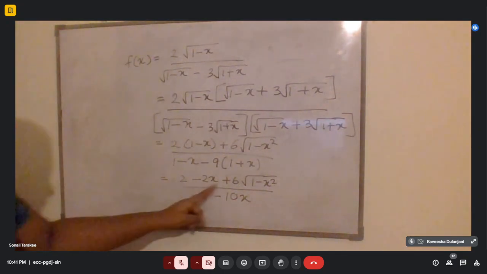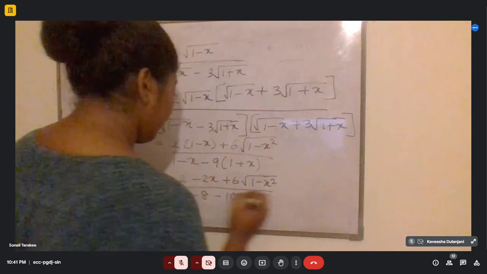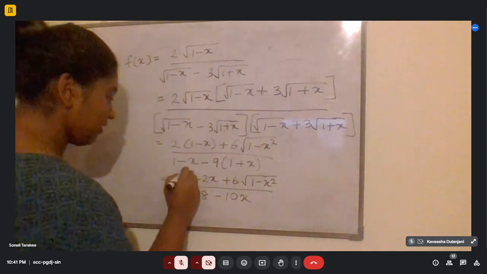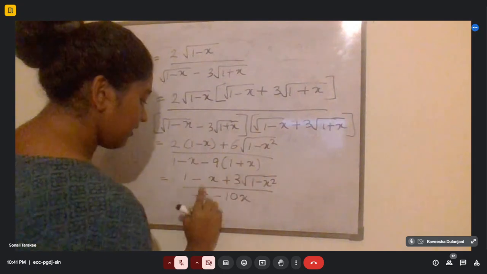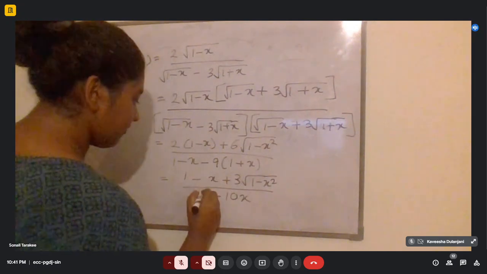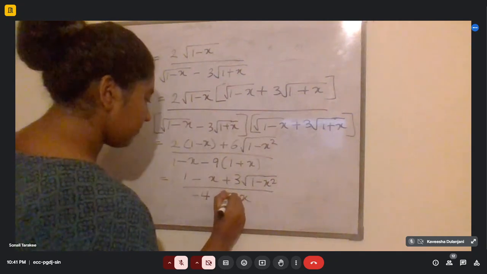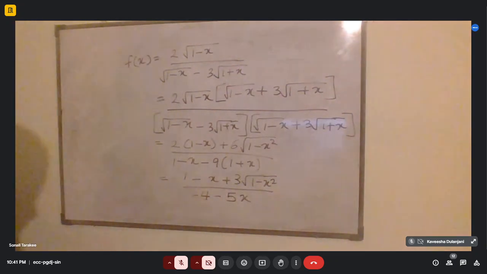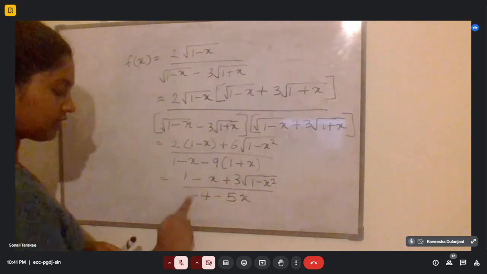Now here the whole thing can be divided by 2. Then you get here 1, here x, here 3, here 4, and here 5. If you multiply both sides by minus 1, then you will get a positive answer for here.